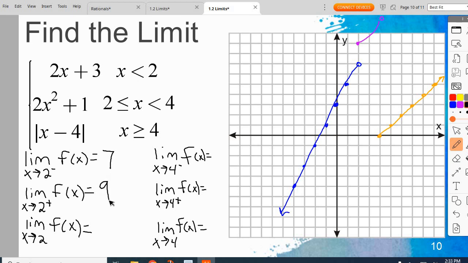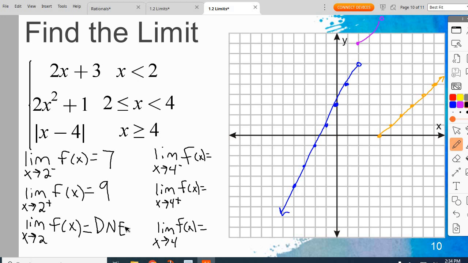My overall limit does not exist. Okay. What about my limit as f of x approaches 4 from the left? No, it doesn't exist. Remember, the limit can exist even if the dot does not, right? So we would have to figure out what y value that technically is at.